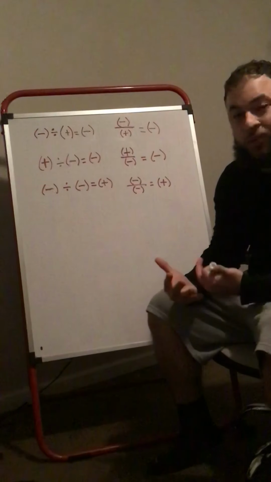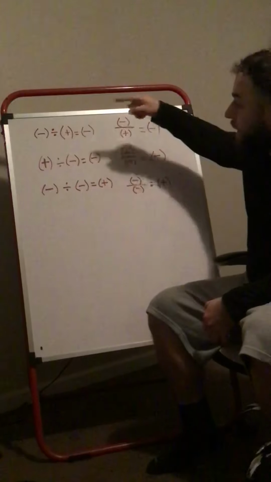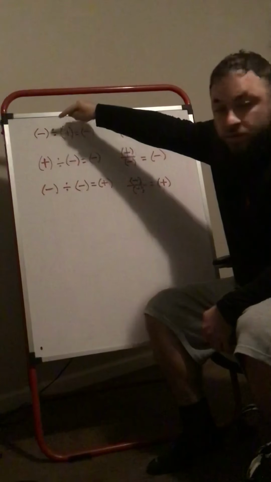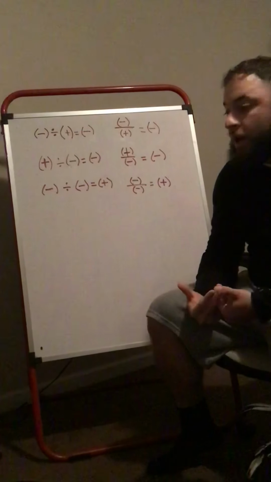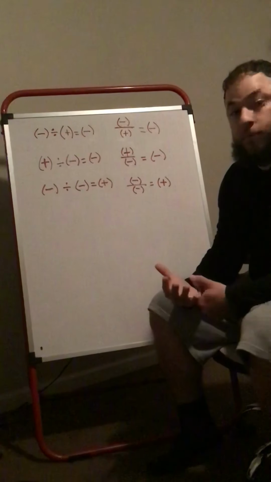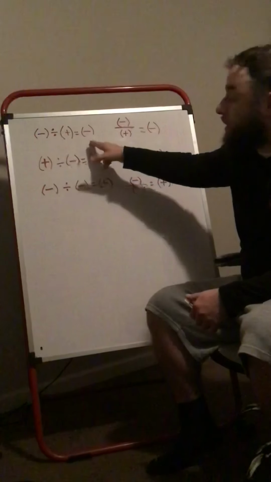So, just like with multiplying, when you have one negative number divided by one positive number, you get a negative. Remember, just like with multiplication, one negative sign and one positive sign equals a negative.